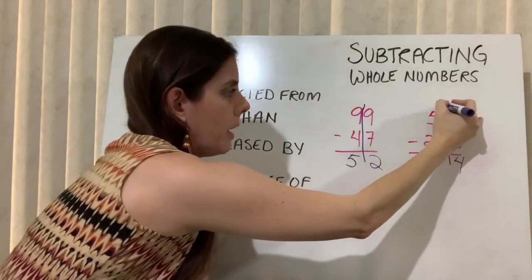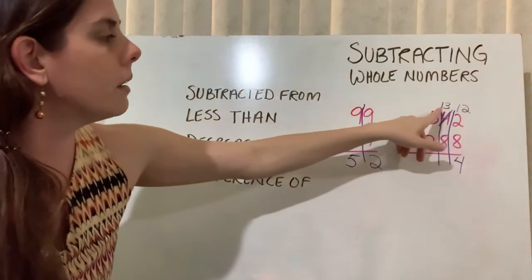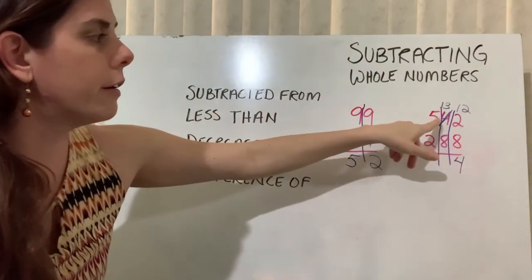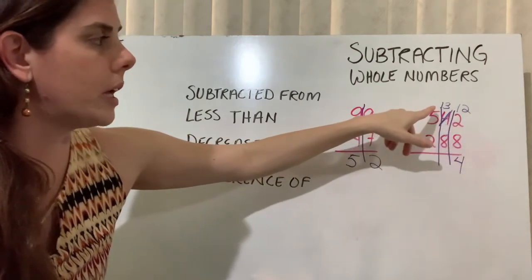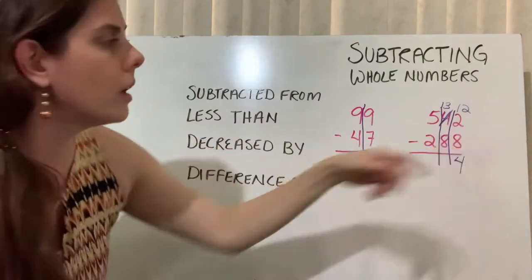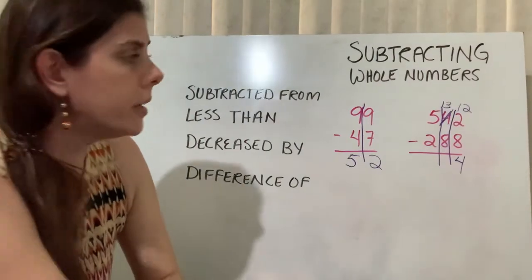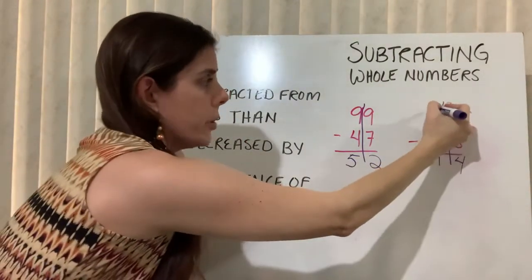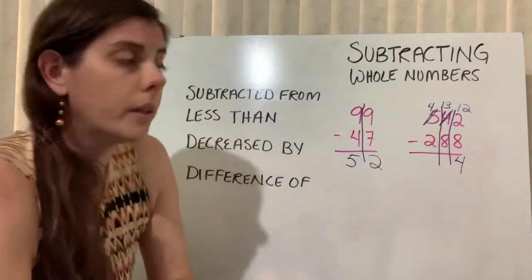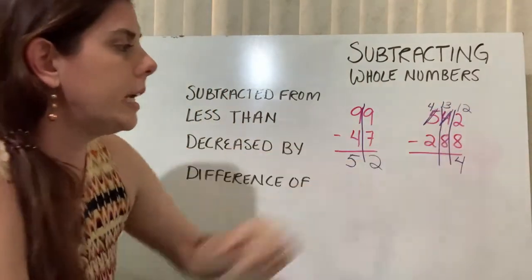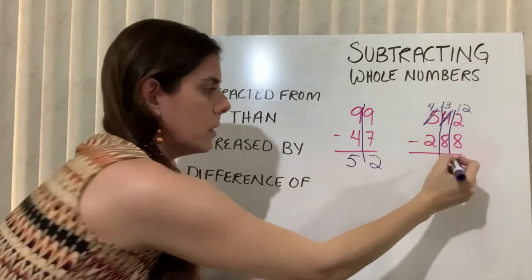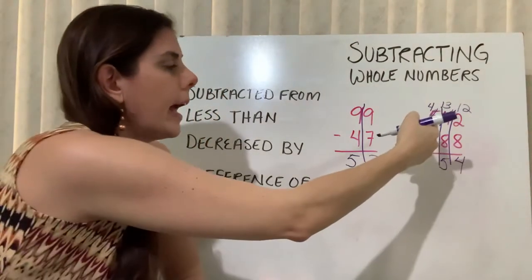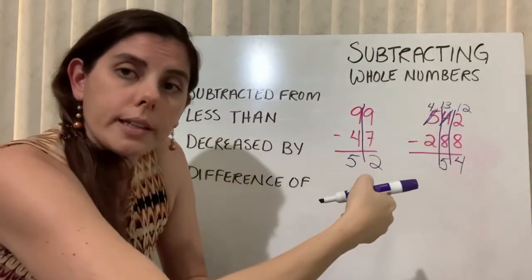Instead of 40, we make it 130. We're borrowing 100 from the hundreds place, so that 5 becomes a 4. Now we have 13 minus 8, which is 5.